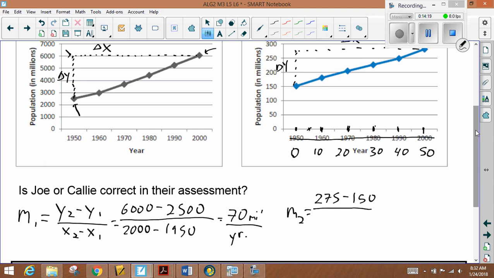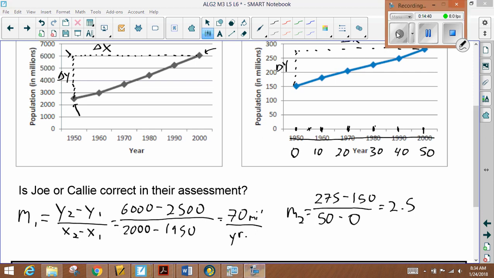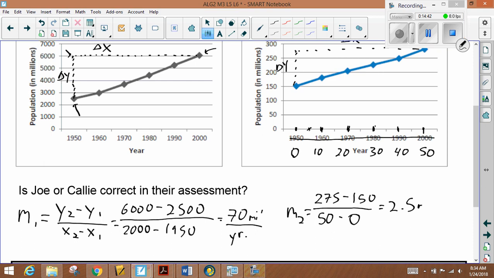Surprisingly enough, we get the same answer if we do it that way, right? Because my maximum x value is 50 and my minimum x value is 0. If I put this into my handy-dandy calculator, I believe I get 2.5. So that's 2.5 million humans per year. So neither Kelly Torres nor Joe were right.